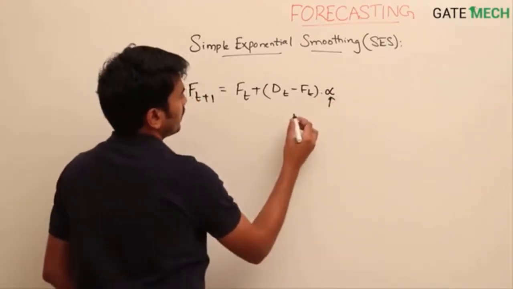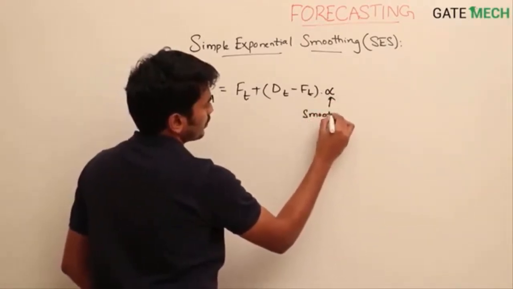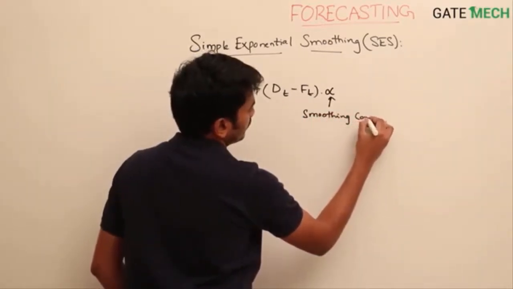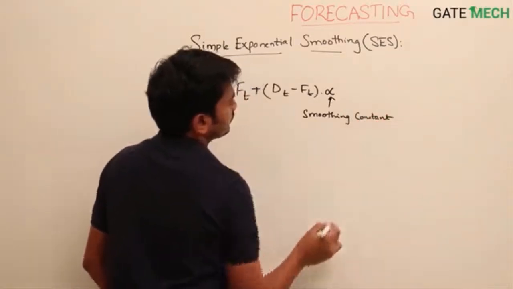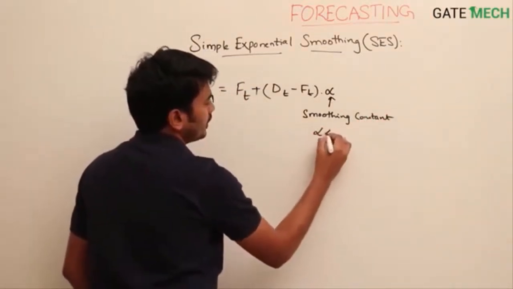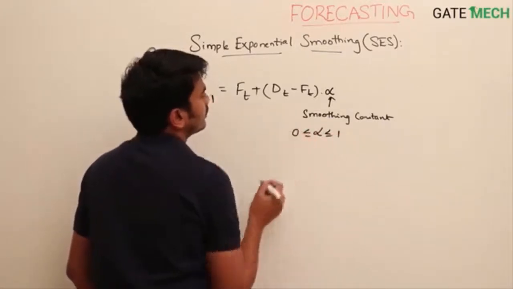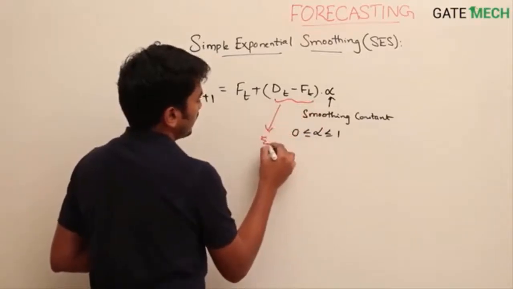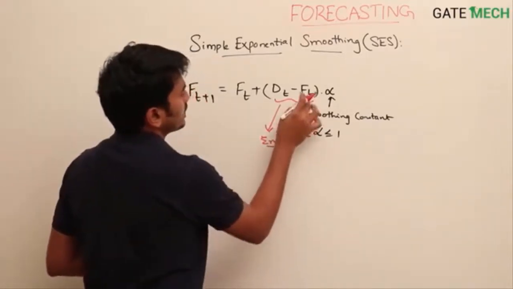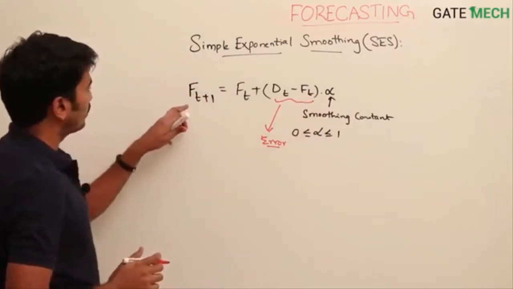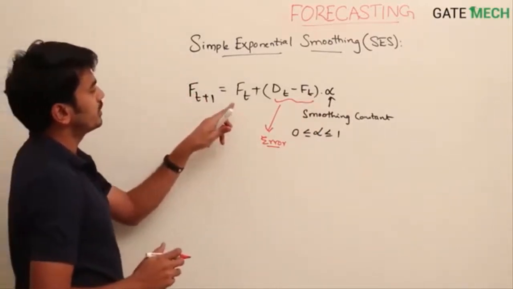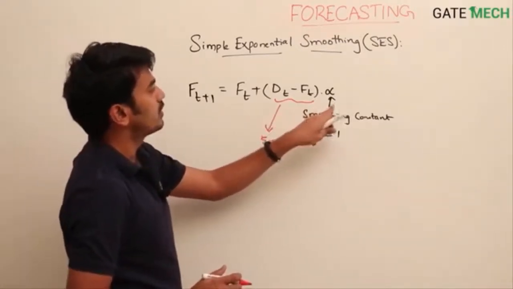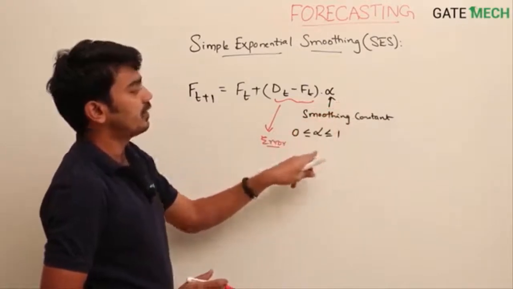This is alpha, called the exponential smoothing constant or coefficient, and alpha lies between 0 and 1. This part is the error in the previous forecast ft. So the forecast for the next period is the forecast for the current period plus the error in the current forecast multiplied by the smoothing constant alpha.